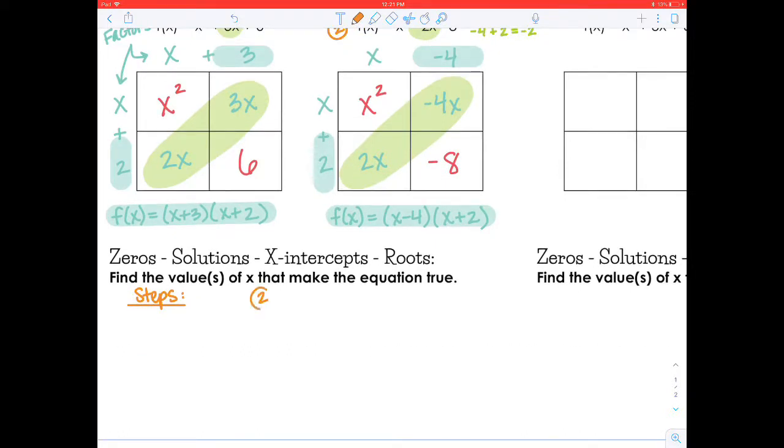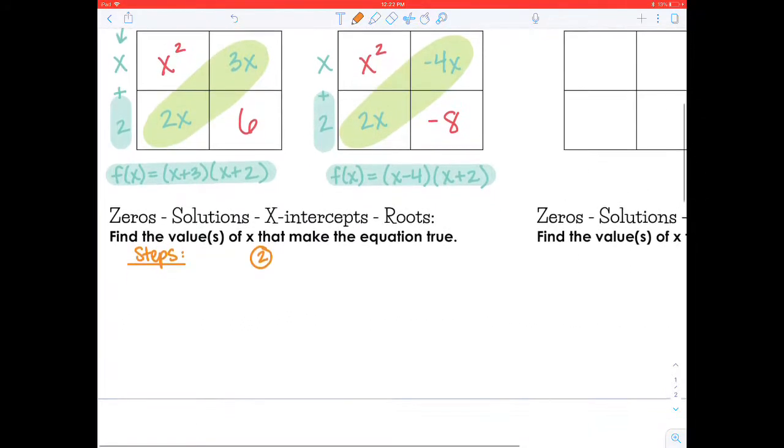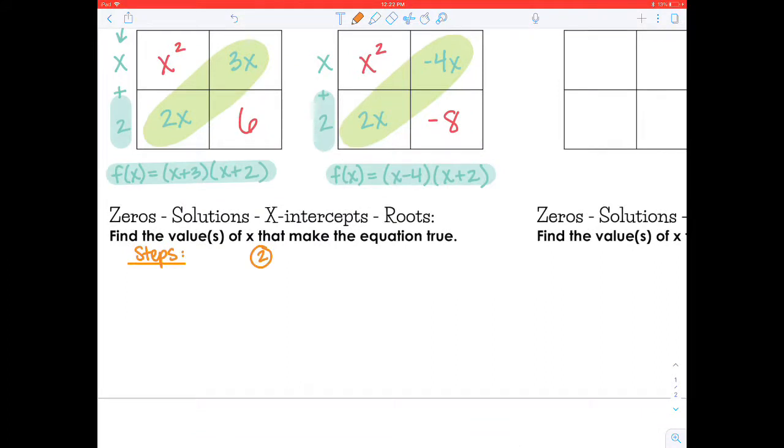And we're going to do number 2 here. Okay, so the first thing to do, remember that your zeros are when f of x equals 0, right? That y value must be 0 in order for it to cross the x-axis. So maybe make a note of that, f of x equals 0.